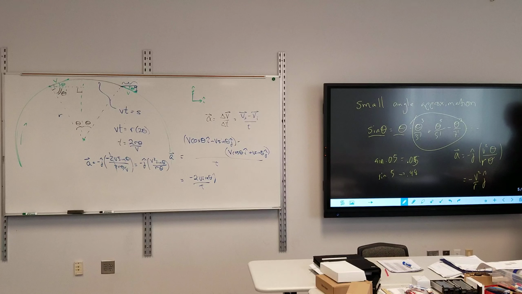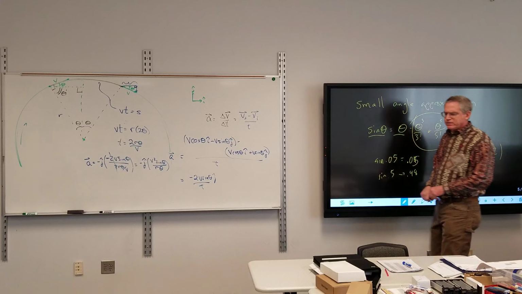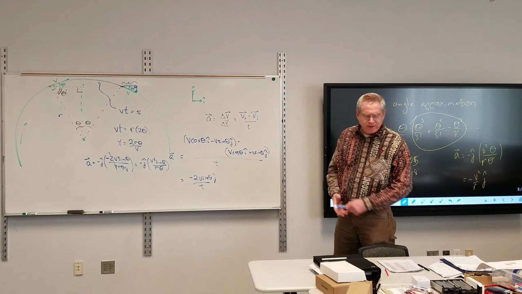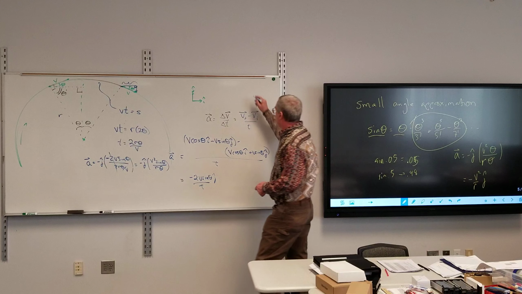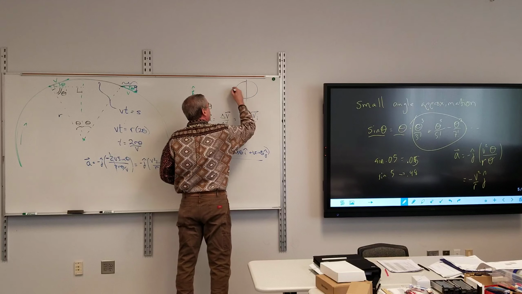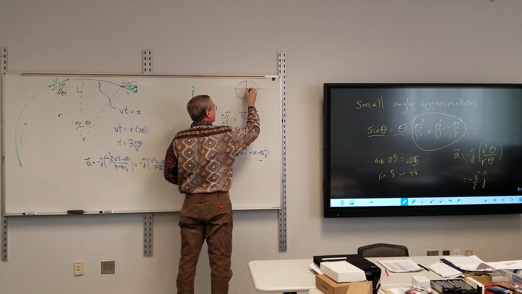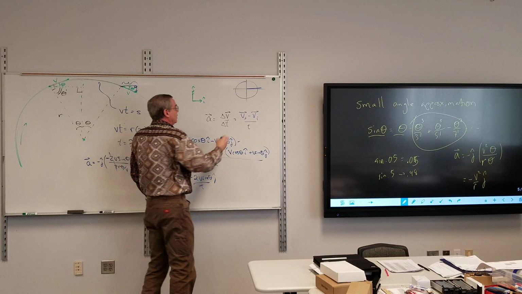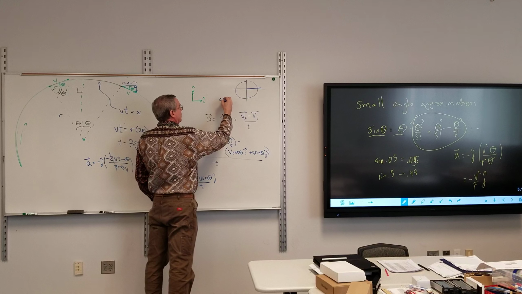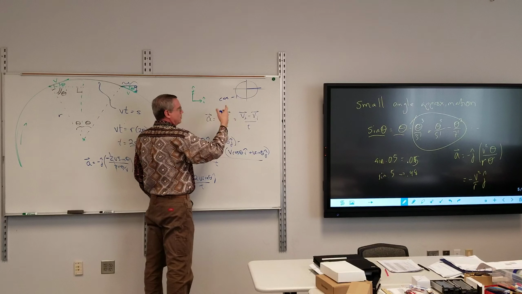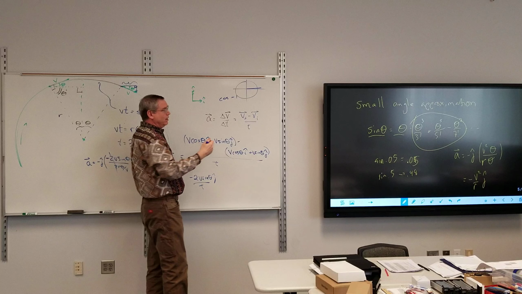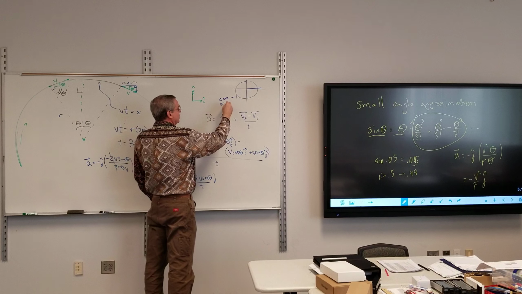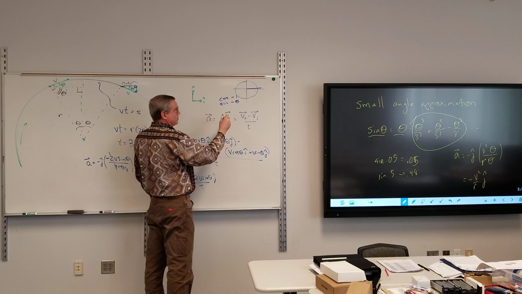The thetas cancel out. From small angle approximation, if you imagine the unit circle and I'm dealing with tiny angles right here, cosine is practically 1. So the cosine is approximately equal to 1 if it's really tiny. Sine is approximately equal to the angle in radians.